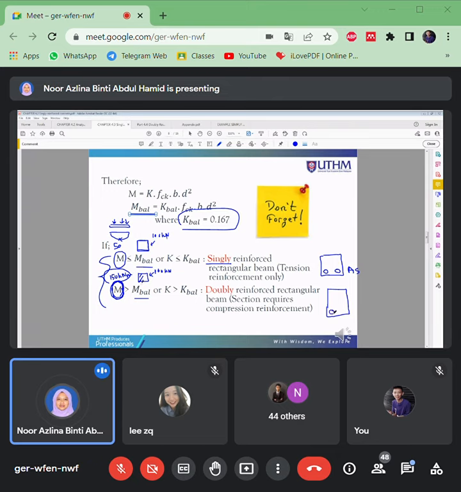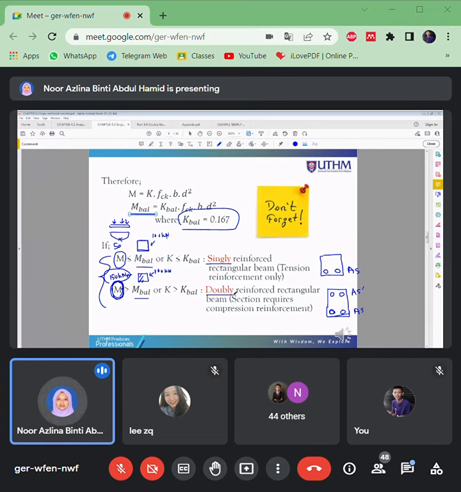So this is the principle. It should have a tension reinforcement first. If the load is quite big and more than the section's capacity of the beam, you have to provide additional reinforcement bars at the compression area, which is AS prime.